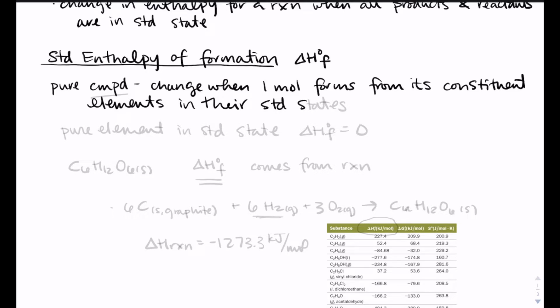Right? If I go pick up oxygen gas, I mean you can't pick up oxygen gas, but if I think about oxygen gas, that's just how it exists. That is the standard state of oxygen, as O2 gas. The enthalpy of formation is 0.